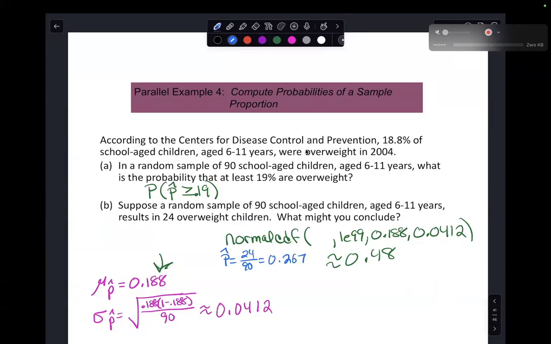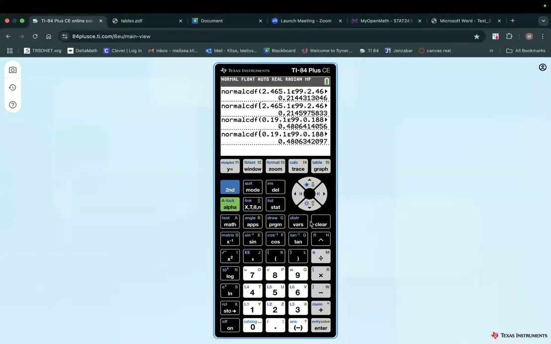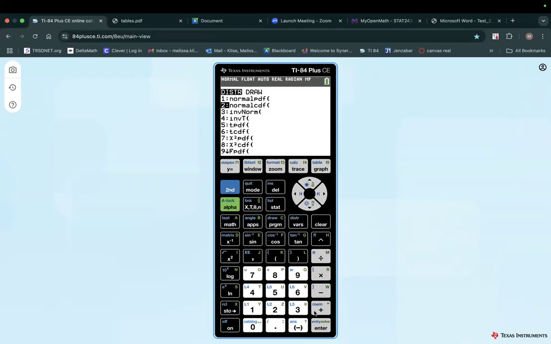It gives me 0.267. You might be happy to know that you can also put 24 divided by 90 into your normalCDF. I could just put that there instead of the 0.267 if I wanted to. I'll show you. Go back into normalCDF.